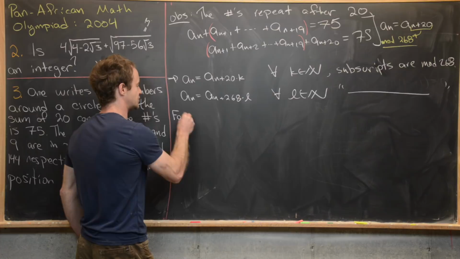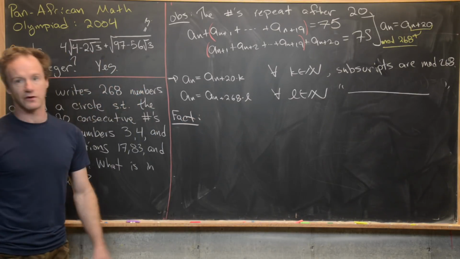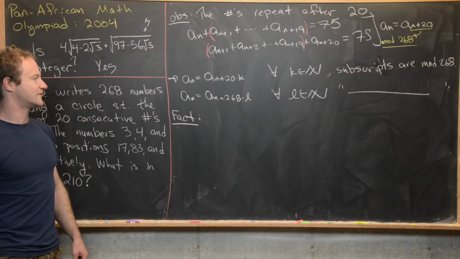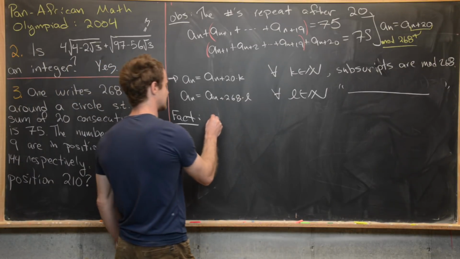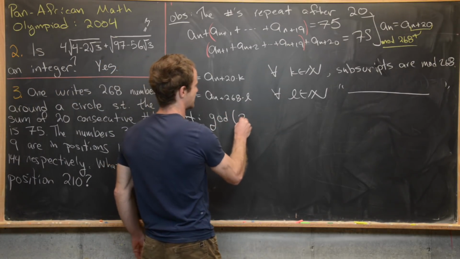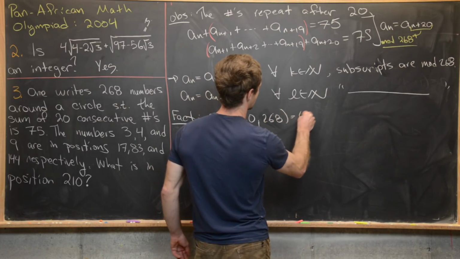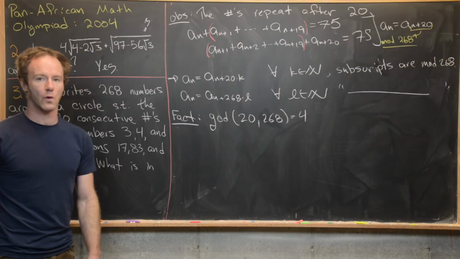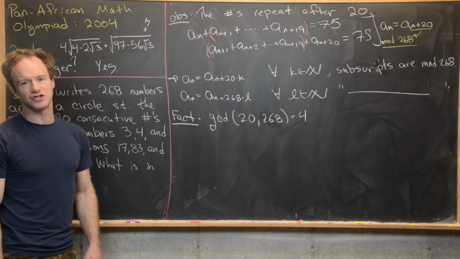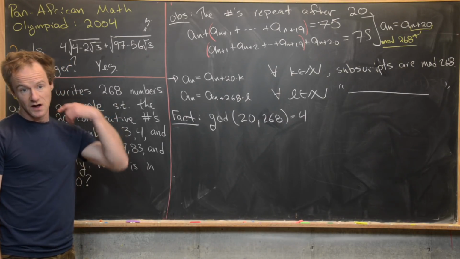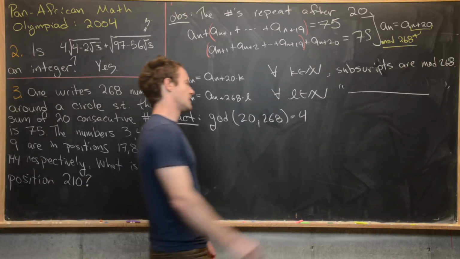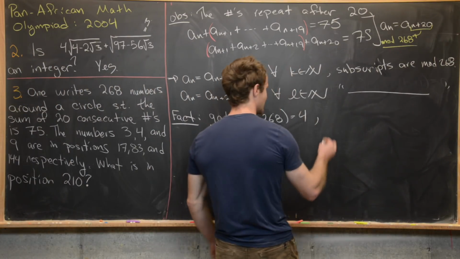Another fact, which is going to be super important to get us off the ground, is the GCD of 20 and 268. This isn't hard to calculate, but what you get is that it is 4. There are a number of ways to calculate the GCD. You can do it with the Euclidean algorithm. You can do it with maybe just prime factorization.